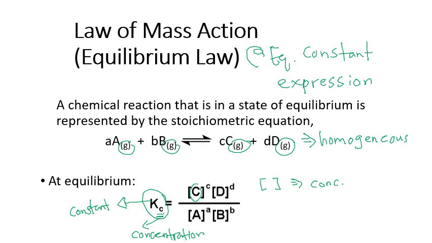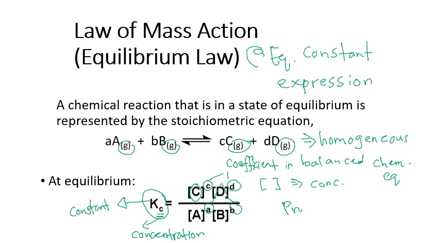So this is the concentration of the product raised to the stoichiometric coefficient of the product C. All these powers in the Kc expression are actually referring to the coefficients in the balanced chemical equation. Generally we can say up here is product, and at the downside here is the reactant.